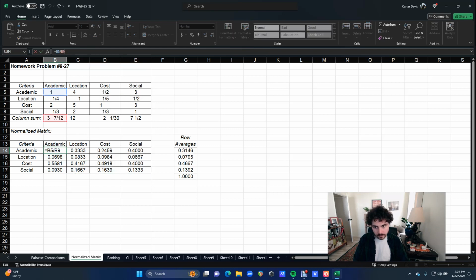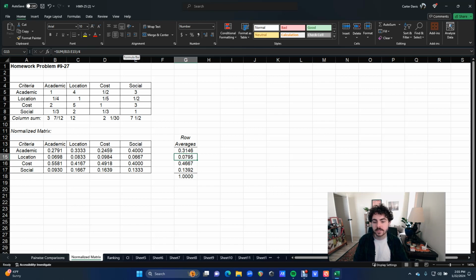They take this value divided by the total for every single cell in here. So they get this normalized matrix, and same exact thing. They find the row averages. So they add these up and divide by 4, because now there are 4 values that are playing into the total. So they get these row averages. That's the important part about this slide here.